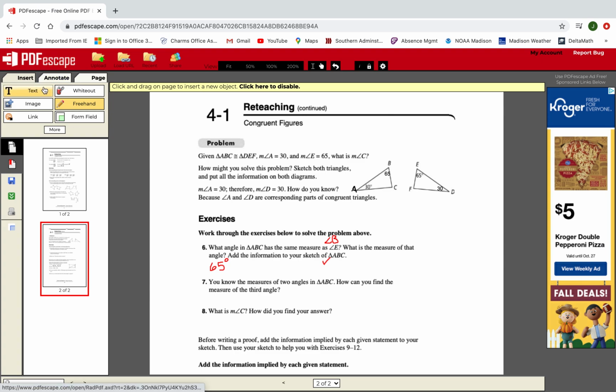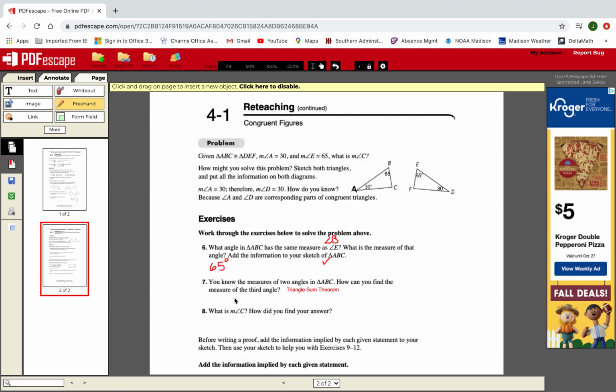We know that's the triangle sum theorem. We've done the triangle sum theorem. So we're going to use the triangle sum theorem, and we can do the math here.